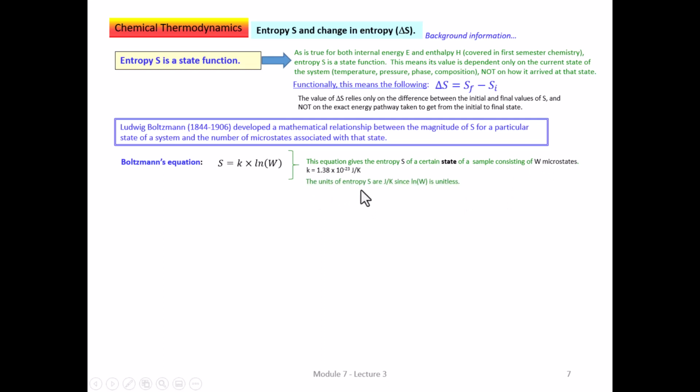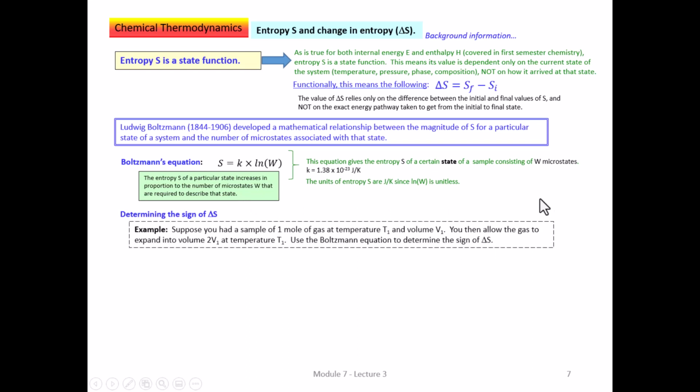The units of entropy S are thus joules per K, since the natural log of the number of microstates is unitless. So the entropy S of a particular state increases in proportion to the number of microstates that are required to describe that state. Now, how would we determine the sign of delta S? Let's do an example.